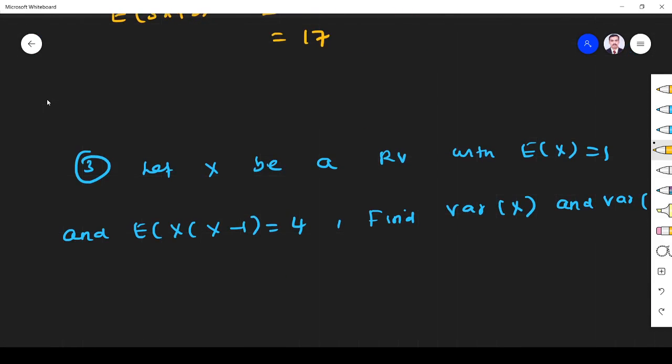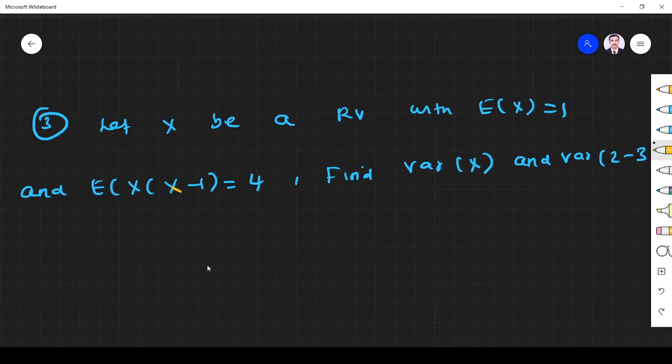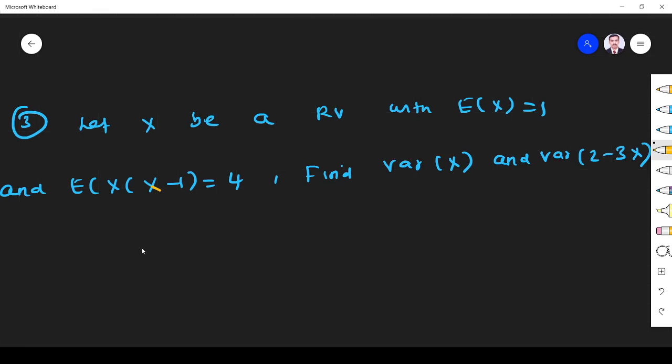Third question, let x be a random variable with E of x equal to 1, E of x into x minus 1 is equal to 4. Find the variance of x and variance of 2 minus 3x. Okay, we know variance of x is equal to E of x squared minus E of x whole square.